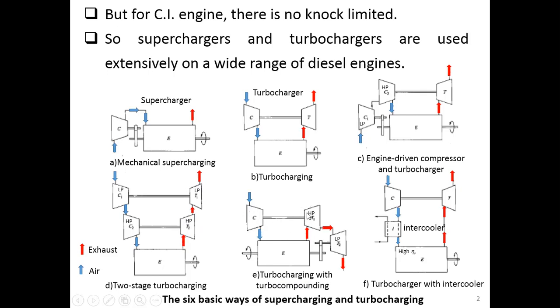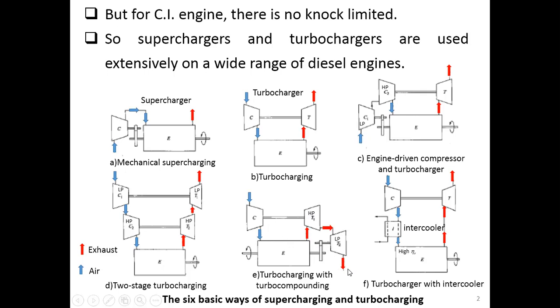This high pressure turbine receives the exhaust from the engine in order to drive it and deliver the work to the compressor. But in this configuration, we also have another low pressure turbine that receives the exhaust flow from the high pressure turbine. It still has more power, so we let it flow into our low pressure turbine here.